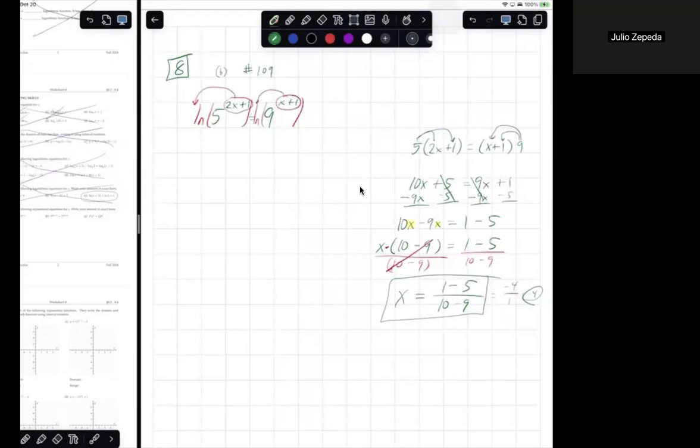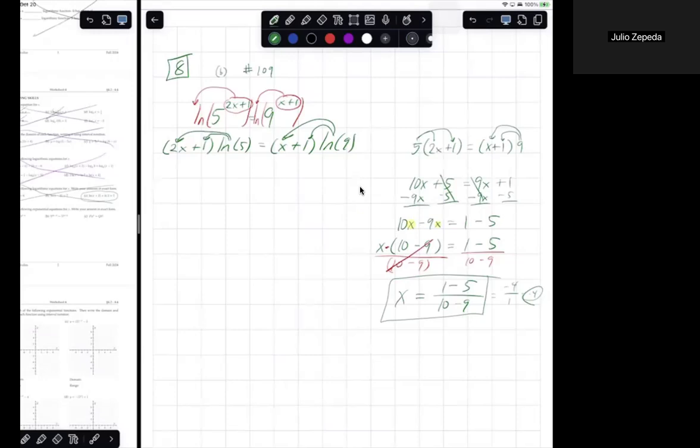And so if we move that exponent out to the front, we're going to get (2x plus 1) times the natural log of 5 equals (x plus 1), which needs to be in parentheses, times the natural log of 9. Notice that's why I wrote this 9 out here on the side, because now we need to distribute these logs, the natural log of 5 and the natural log of 9, into these parentheses.